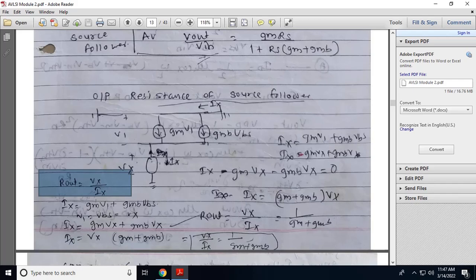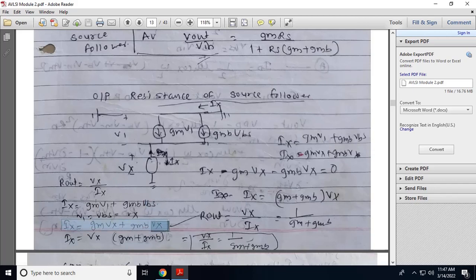So we write the KCL here. Ix is equal to addition of these current sources. So Ix is equal to GM V1 plus GMB VBS. If you see this diagram, V1 is equal to VBS is equal to Vx. So V1 we can put Vx, VBS we can put Vx.